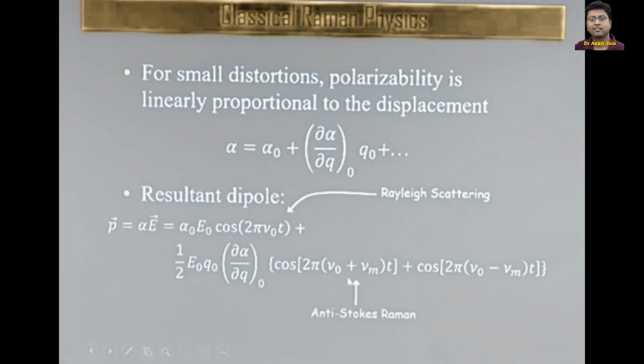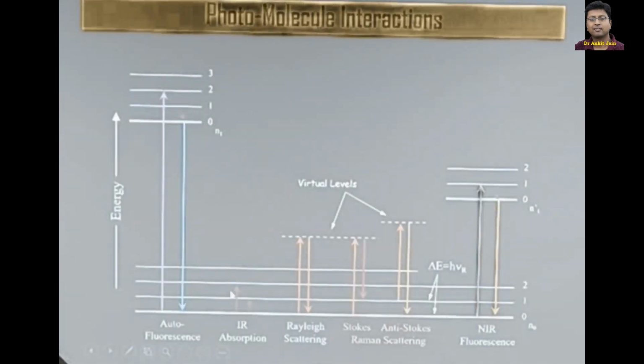This one, which increases the energy, represents anti-Stokes Raman, and this one, which reduces the frequency, is known as Stokes Raman. This is what we are majorly interested in. So here also you can see our anti-Stokes and Stokes Raman.